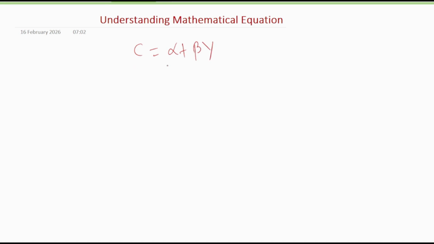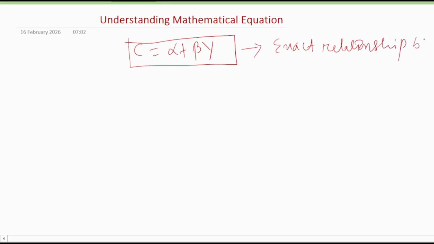So this is a mathematical equation, which shows the exact relationship between the dependent and independent variable.